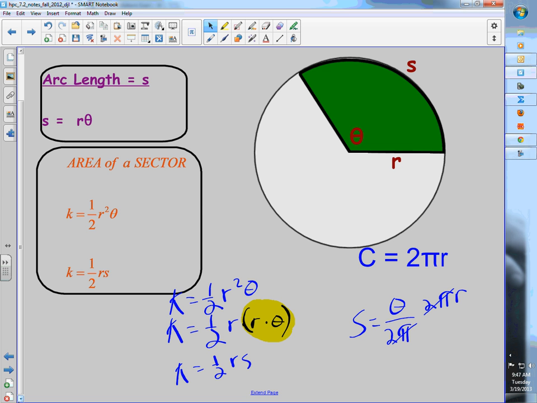So these two formulas are just variations on the same formula. It's easier to work in radians than it is to work in degrees. The formulas are easy.